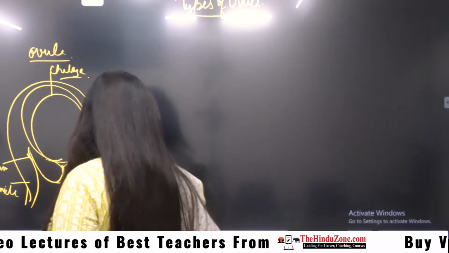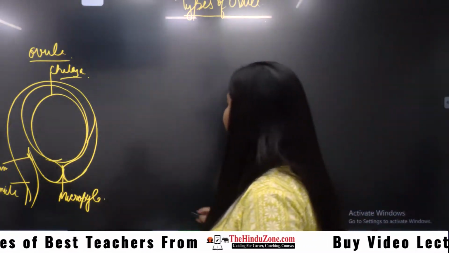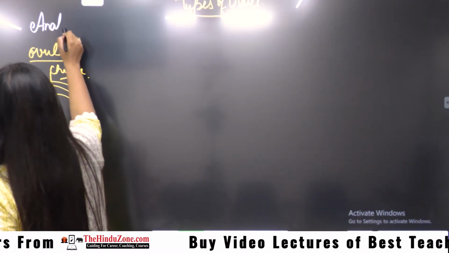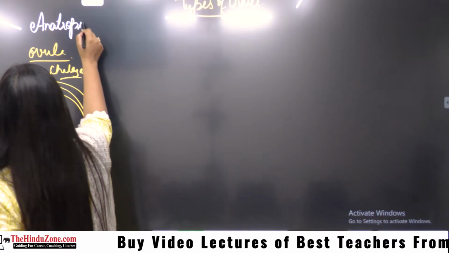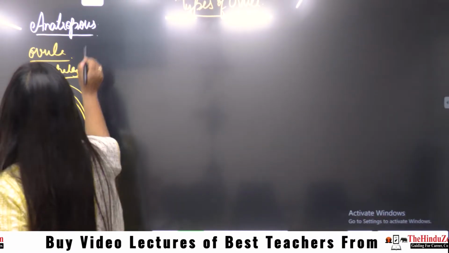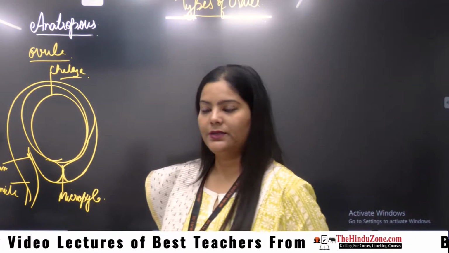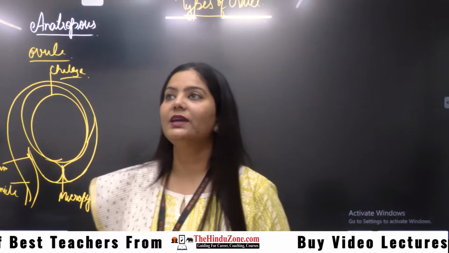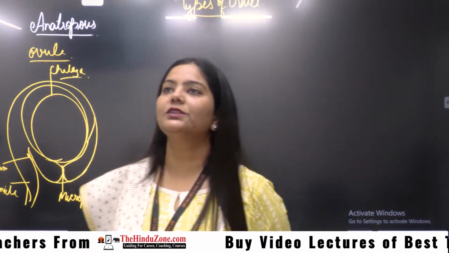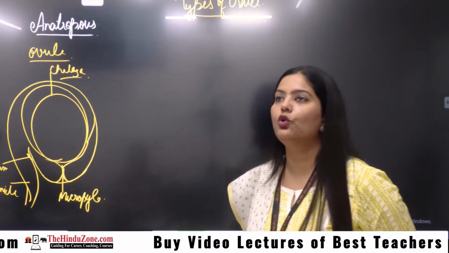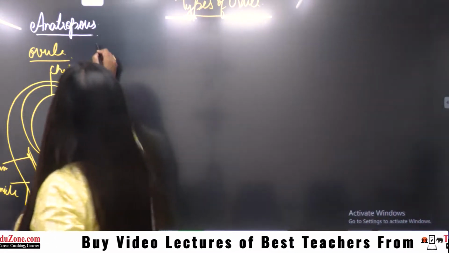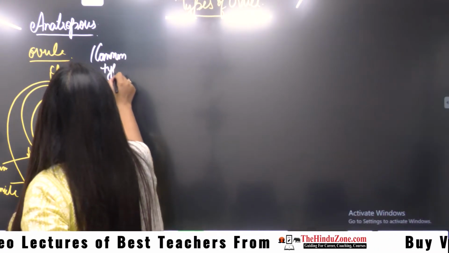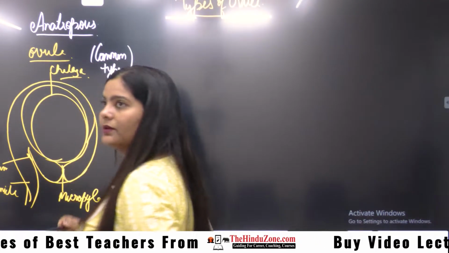This is the most common type of ovule, and it is called an anatropous ovule. Most plants have this type of ovule. As I promised yesterday, I am teaching many things today. This is the most common type.